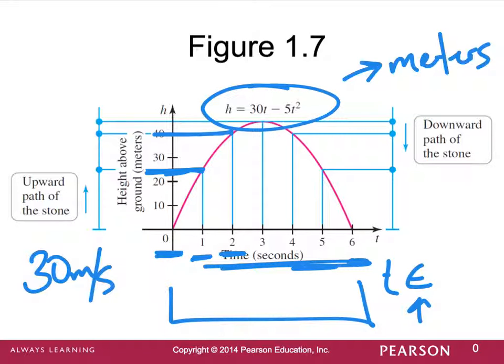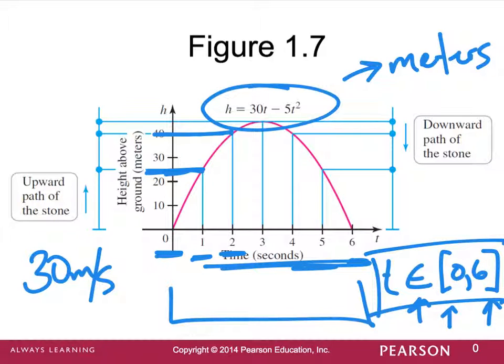And so that's going to tell us that t is defined on the interval from 0 to 6. Notice these are brackets here because we're including both 0 and 6. You may have had some notation like this, but this is the way I want you to denote it. Not as an inequality, I want you to denote it as t is defined on the interval 0 to 6.